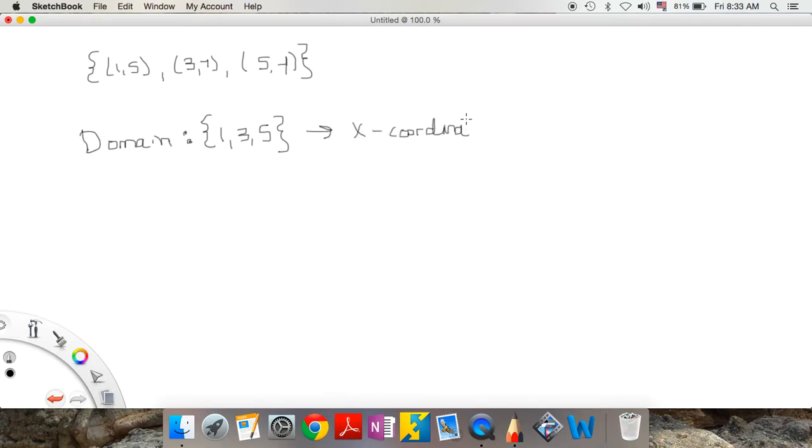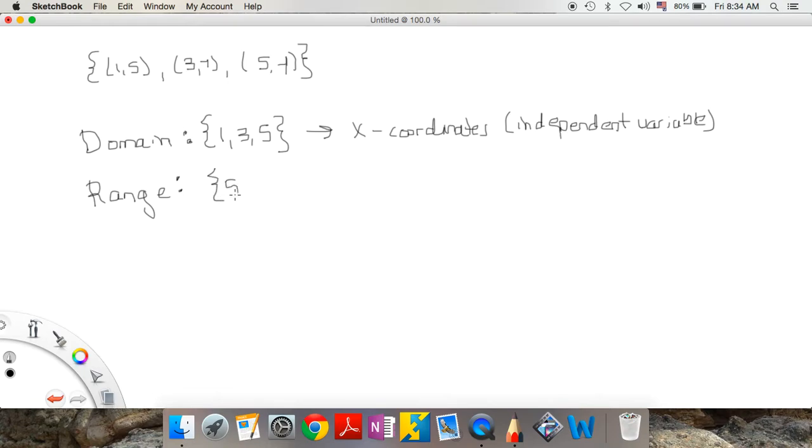The x coordinates are also called the independent variable. The first number in the ordered pair of a relation is the independent variable, and we list those out using the domain. Then we can also find the range, and that's the y values.